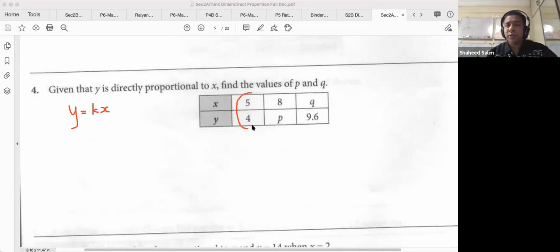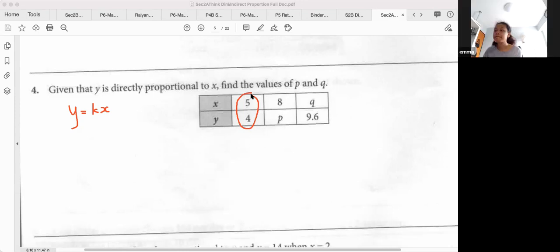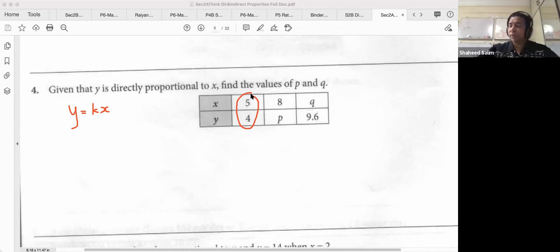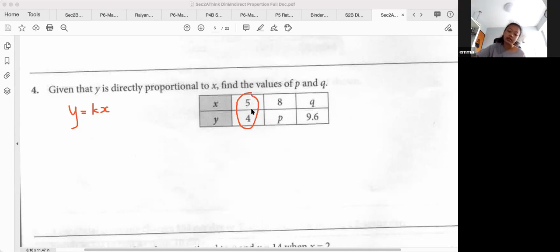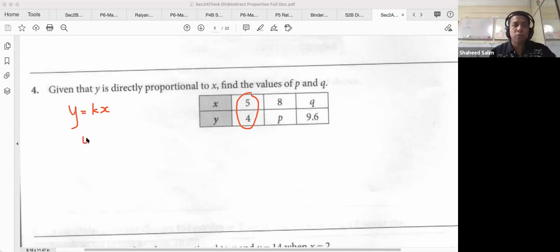These values will tell you the value of k. So the first thing to do is find the value of k first, using the first 5 and 4. 0.8. So y equals 0.8x. Now you can substitute the values of x to find P, and the values of y to find Q.